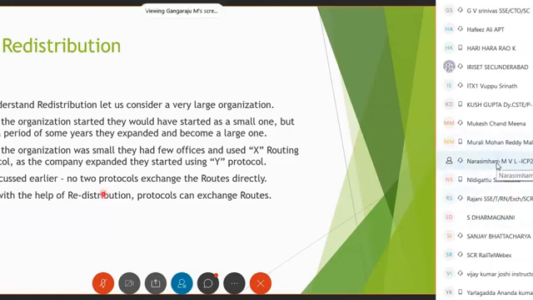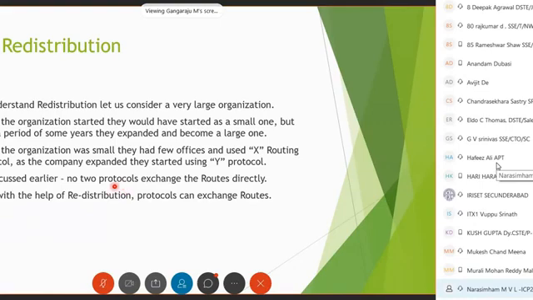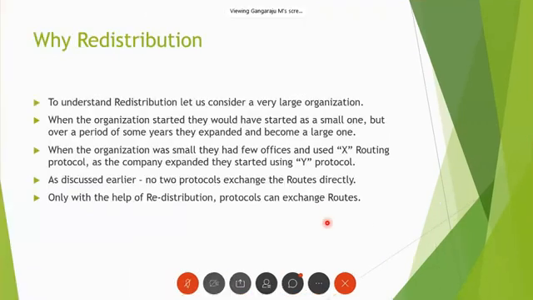So only with the help of redistribution, we can exchange the routes from one protocol to another. I'll give another example here. Suppose you want to travel from India to some country, let's say the US. In India, we use the currency INR, Indian rupees, and in the US, you use US dollars.